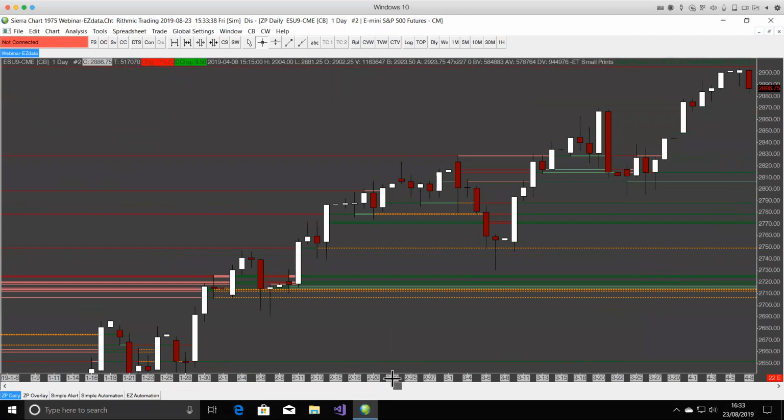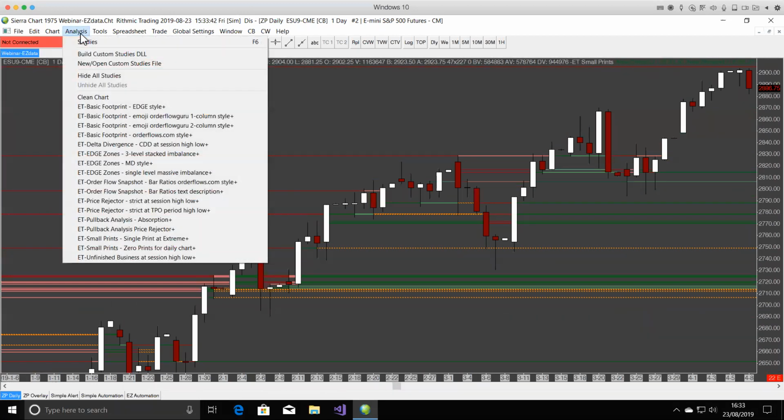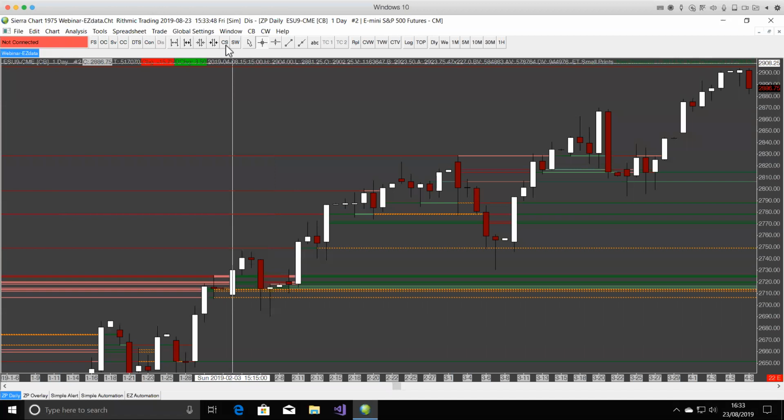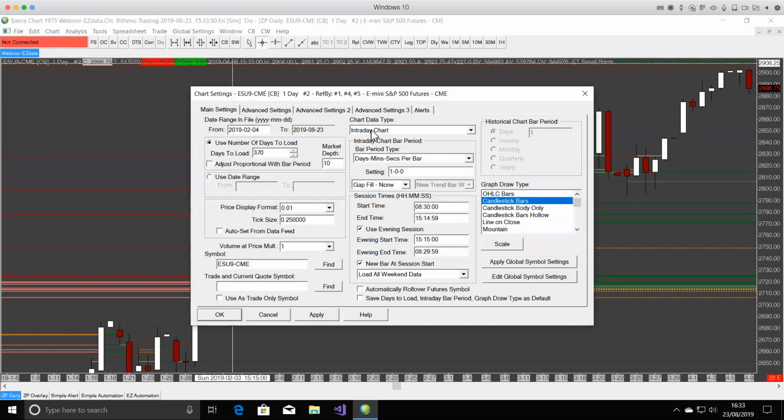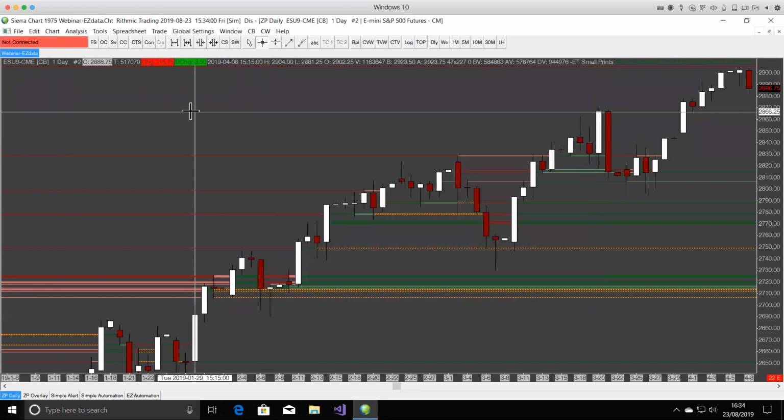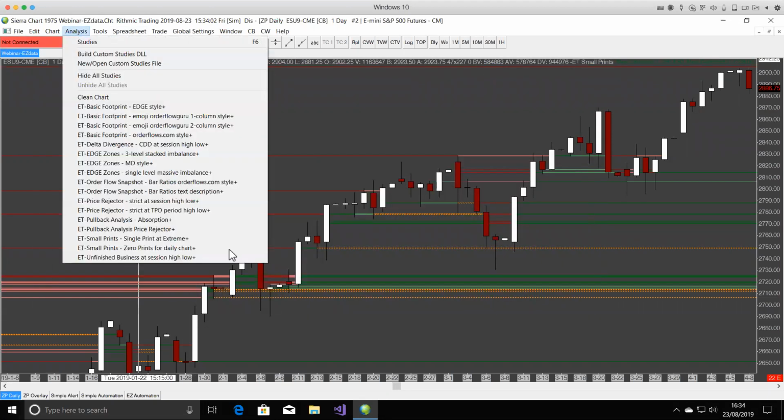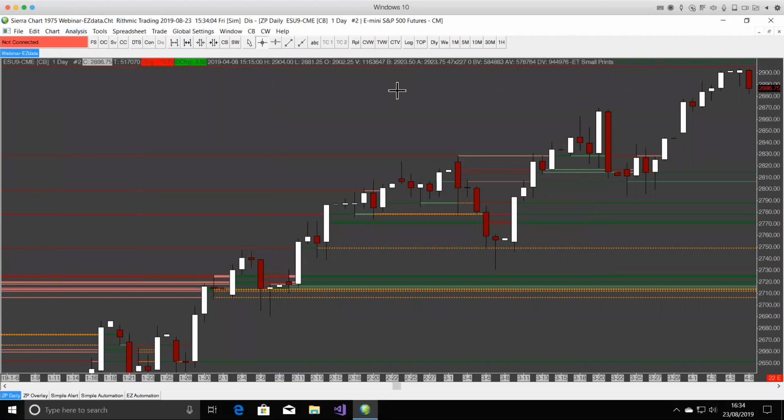But what I'd encourage you to do, and we've included this as a study collection, we call it 0 prints for daily charts, I would say pull up a daily chart. It must be set to intraday. It can't be historical. But pull up a daily chart, something like ES or CL. Use this study collection of 0 prints for daily charts.